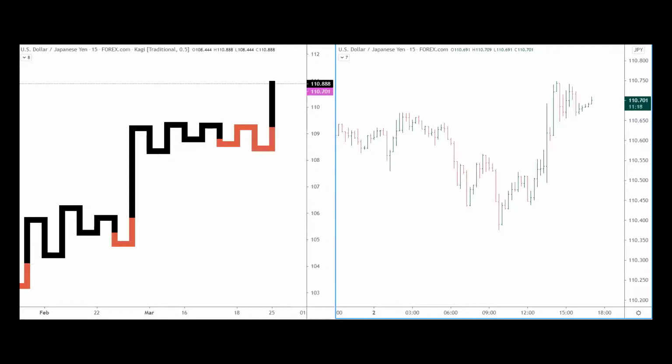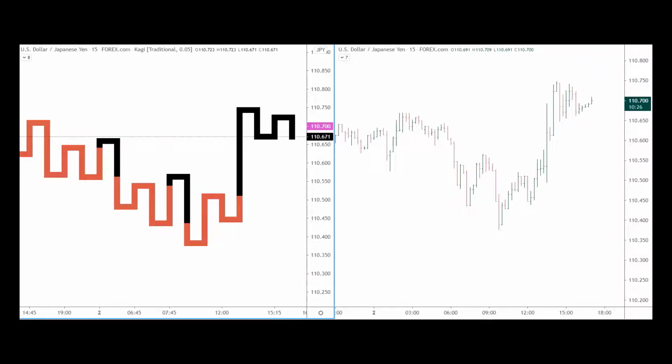So it's saying to us that the line size isn't appropriate. So if we just quickly played with that line size, we can start to see how by playing around and finding that correct setup, we can get more action, or more appropriate action to what we're looking at on the Kagi chart.